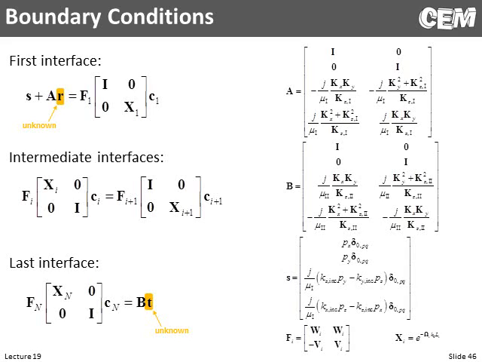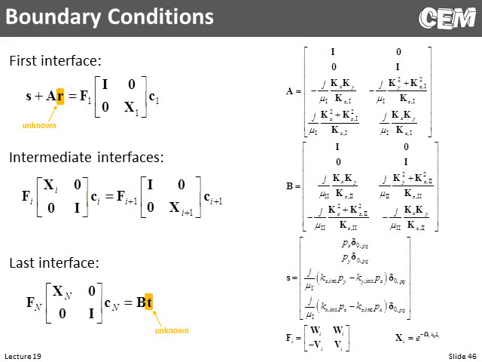So we can write equations for our boundary conditions at a few different places. We have our first interface, which we can write this way. We have at some intermediate interface and some last interface. So what I would suggest to do, I won't do it here, but go back to, there was an earlier slide in this lecture where we showed boundary conditions that we use for the scattering matrices.